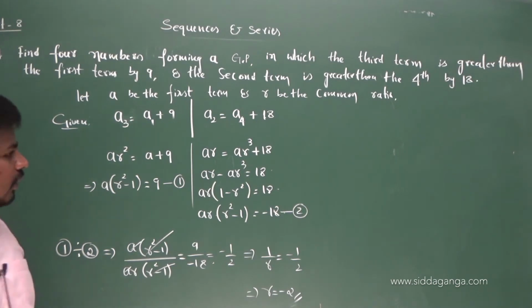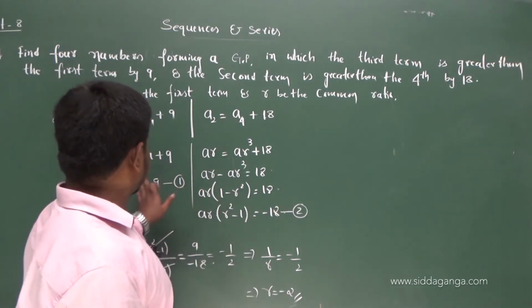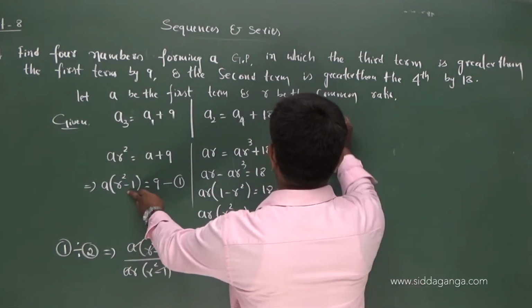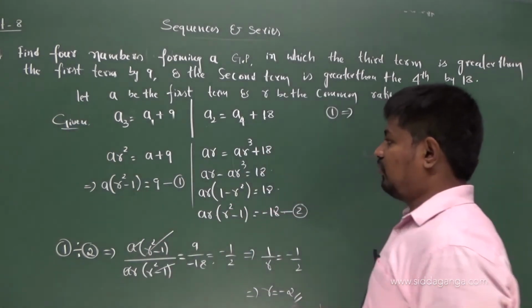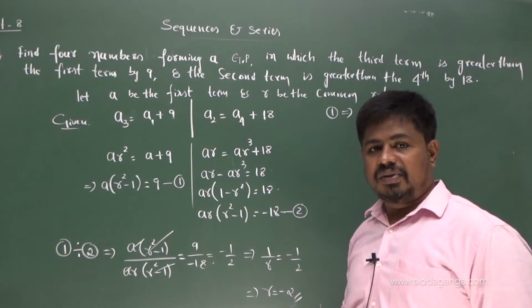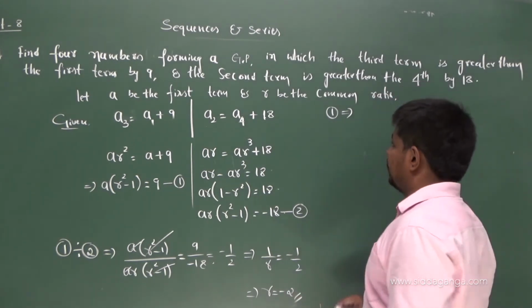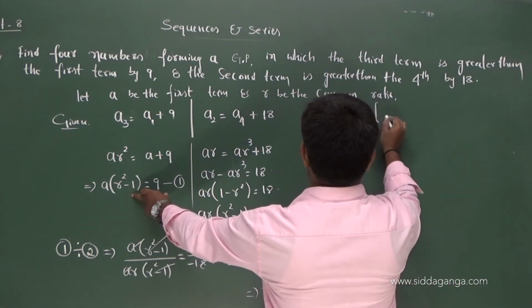Now let me substitute R equal to minus 2 in any of the equations, and we will get A. To find the terms of a GP, we need two things, R and A. We have got R, so let me find A using the first equation, A(R square minus 1).